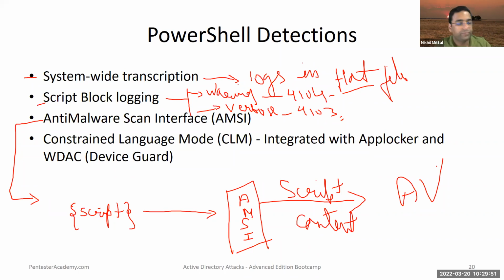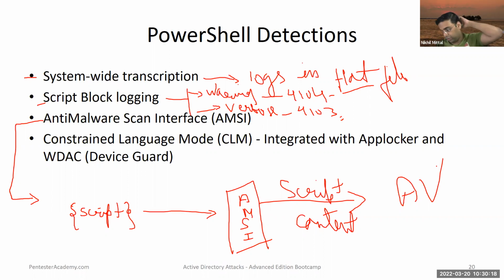All right. Finally, we have Constrained Language Mode. This is something that is integrated with both AppLocker and WDAC, which used to be known as Device Guard. So what happens in CLM is Windows PowerShell 5.1 is smart enough to fall back to a language mode called Constrained Language Mode, where nothing of interest works.